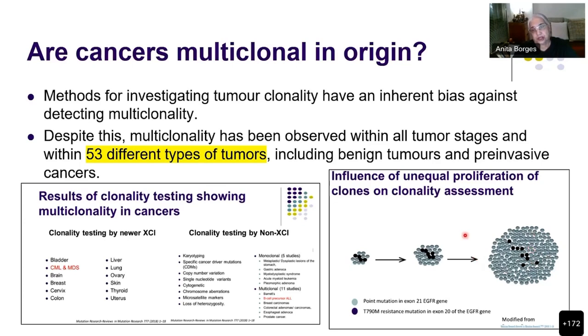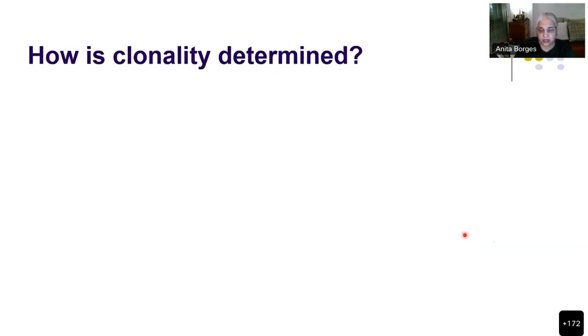So this is fine until something happens: the targeted therapy you are giving this patient cuts down the susceptible population, and then this T790M resistance mutation will rear its ugly head.